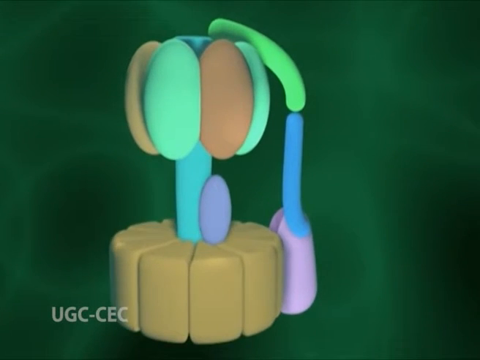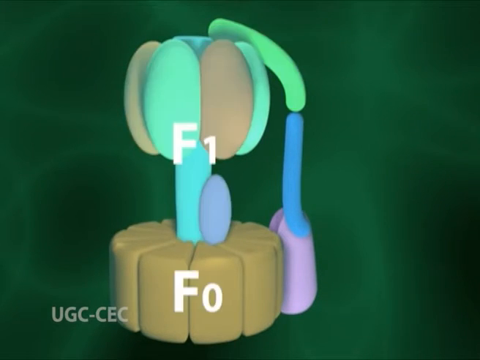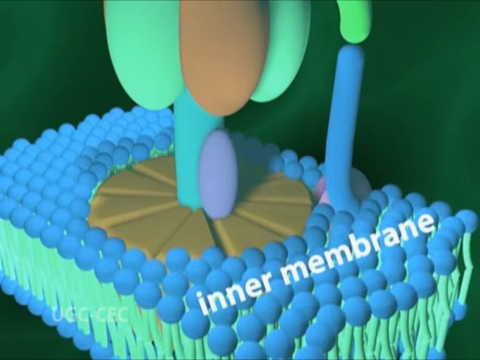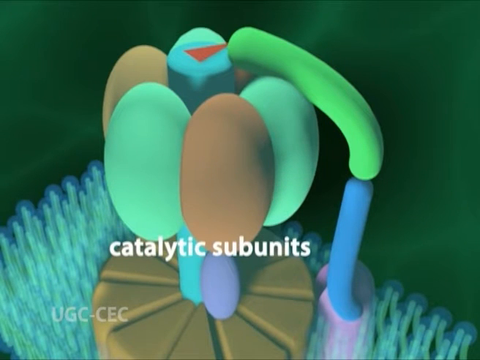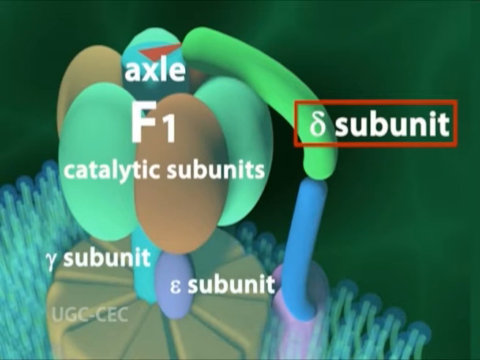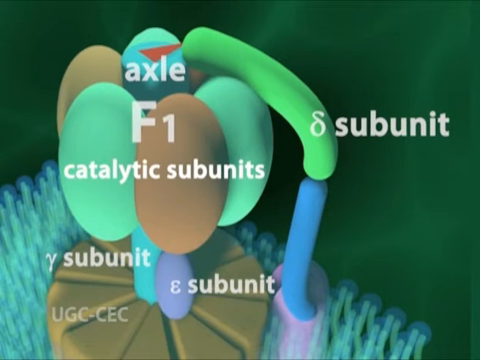ATP synthase, or complex 5, consists of two functional domains: F1, situated in the mitochondrial matrix, the cap of the mushroom, and F0, located in the inner mitochondrial membrane. These subunits are named by Greek letters alpha, beta, gamma, delta and epsilon in accordance with their molecular weight.